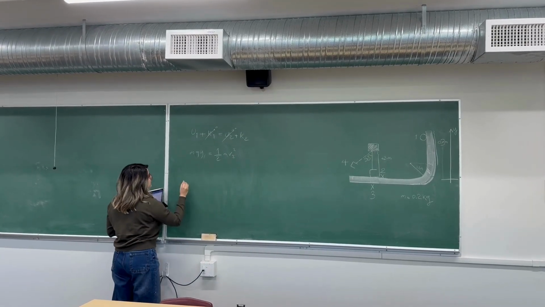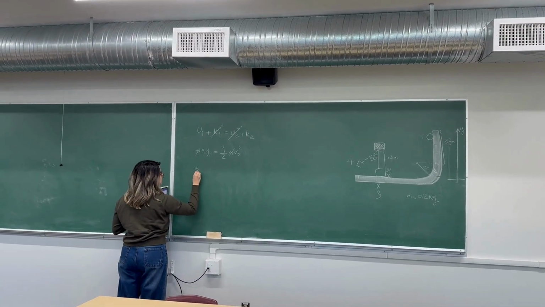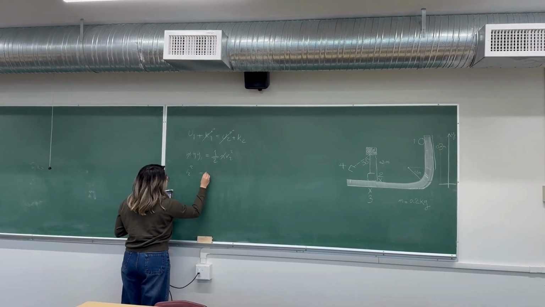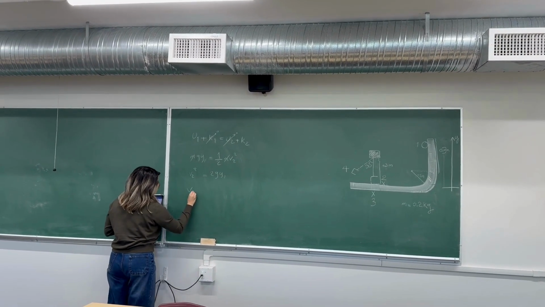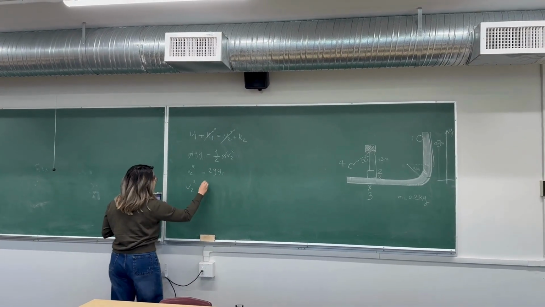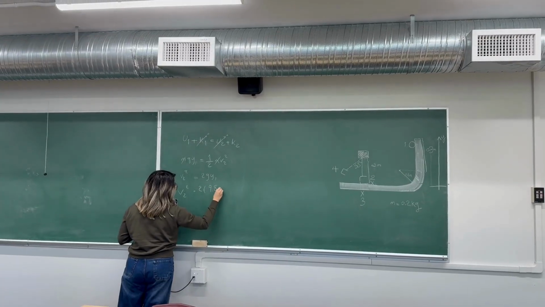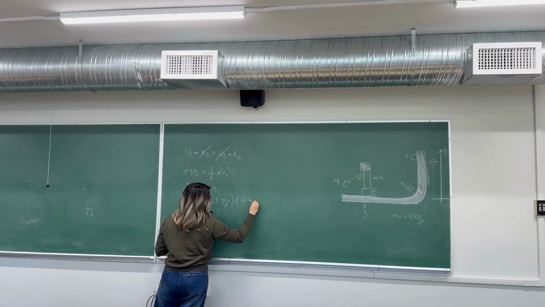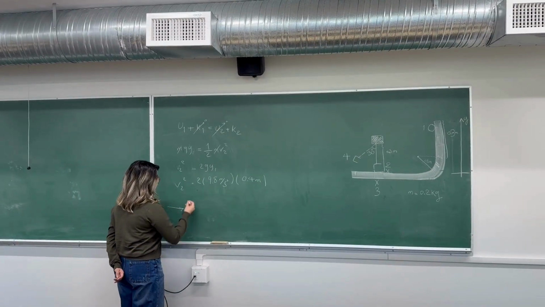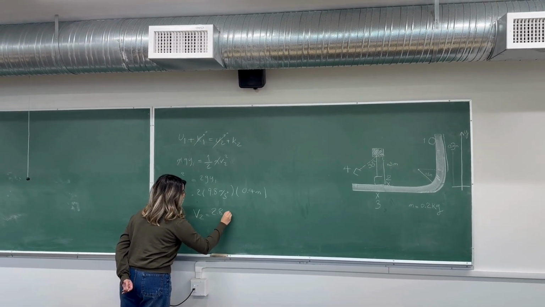If we rearrange that equation, we can cancel out the masses, and then v2 squared should be equal to 2 times g times h1. We can substitute the numbers: 2 times 9.8 meters per second squared times 0.4 meter. That gives us a velocity at point 2 of 2.8 meters per second.